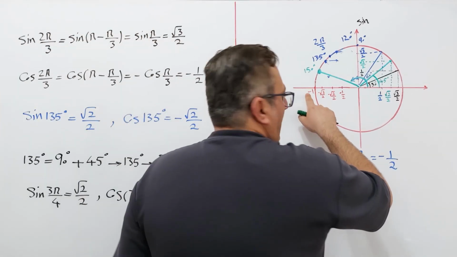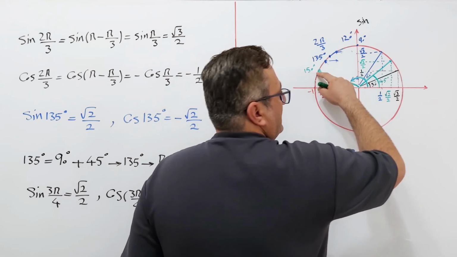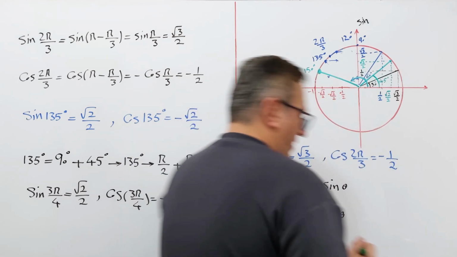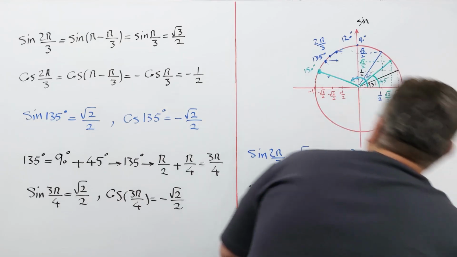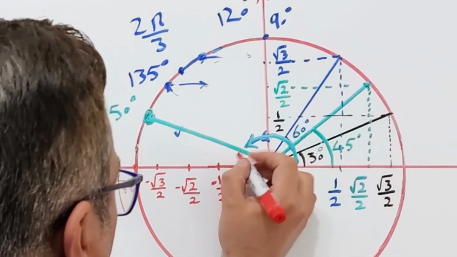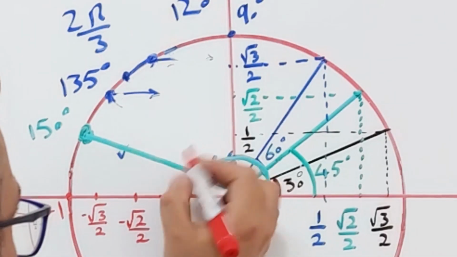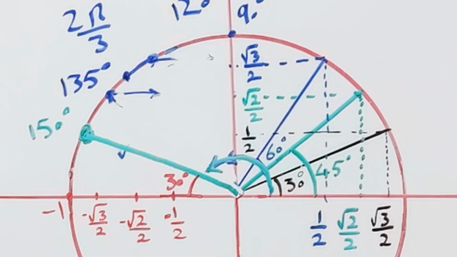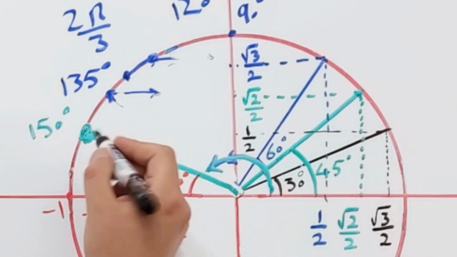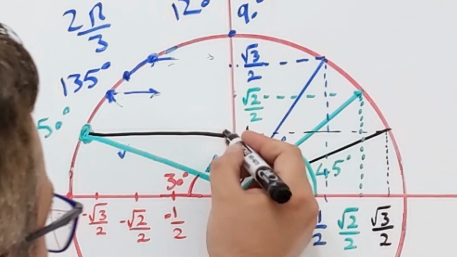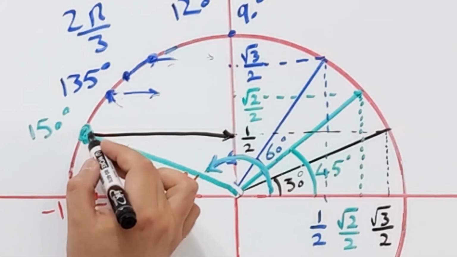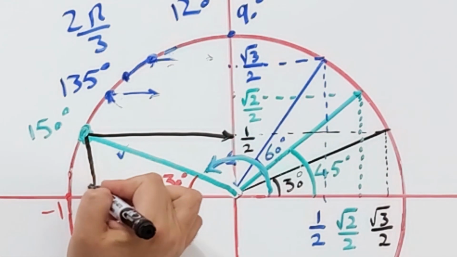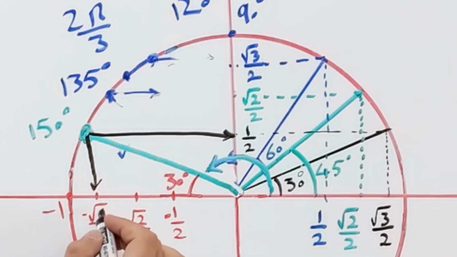Or 180 degrees minus 30 degrees. All right, because this angle is 30 degrees, okay? So if you look at the sine axis, you'll see 1/2, and if you look at the cosine axis, you'll see minus the square root of 3 over 2.